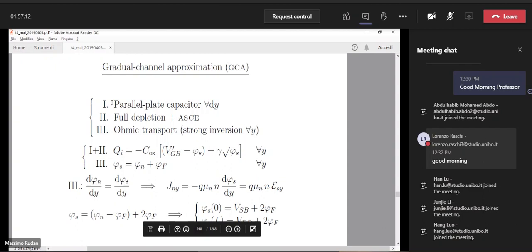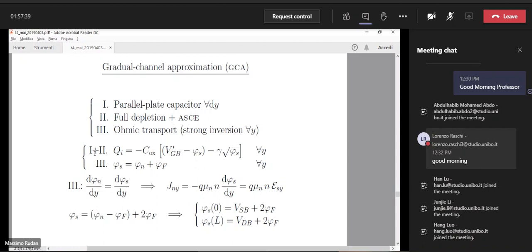So I mentioned the full depletion and Asch approximation. Then I mentioned the use of the elementary strip of thickness dy as a parallel plate capacitor, that is an MOS capacitor. So these are two hypotheses, okay?